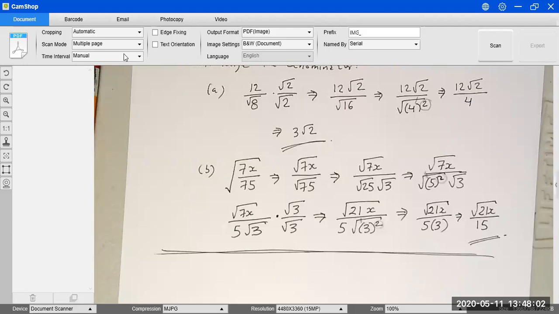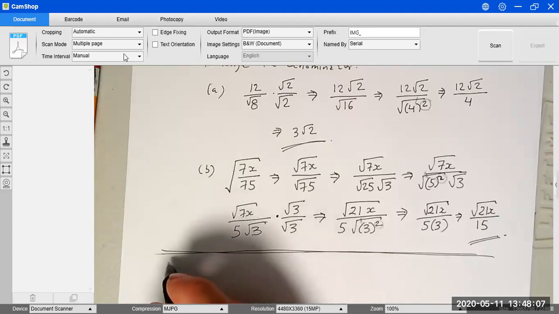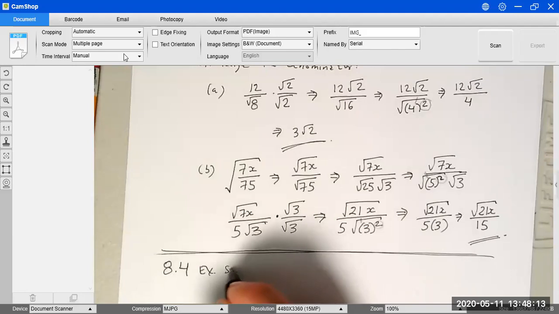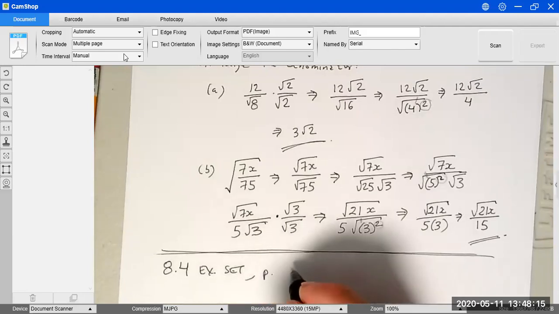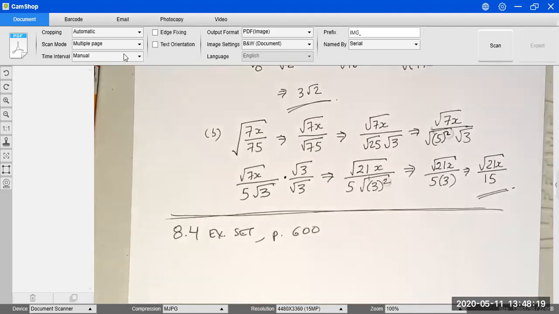So you're going to work exercises from the 8.4 exercise set on page 600. So we have a lot of exercises that you're going to work now. So you're going to start with problem 8.